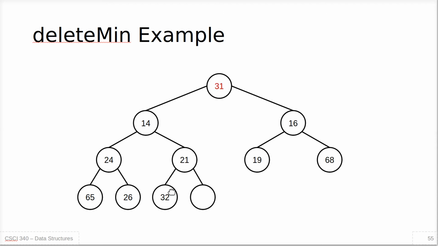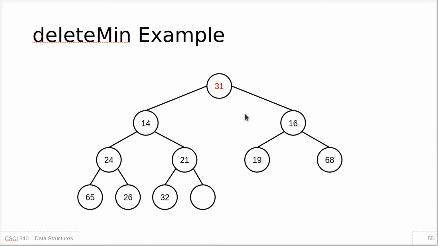So move the 31 up there. And then ask, is this okay? Well, we're dealing with a min heap here, and we just deleted the minimum key, right? So is this the new minimum? No, right? Because in a min heap, the one on the top, the parent, has to always be less than the children keys.